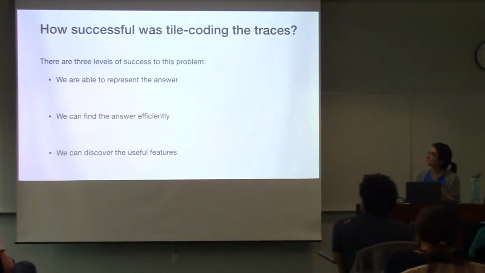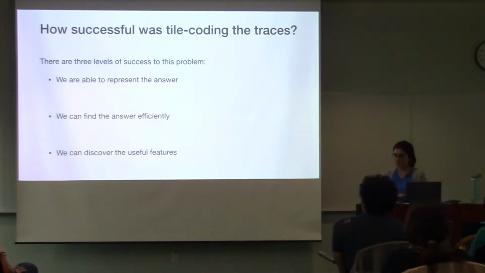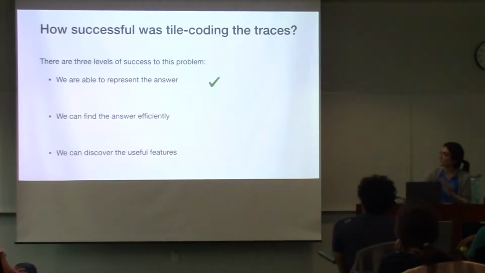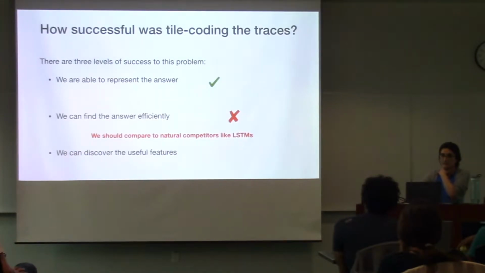There are 3 levels of success to this problem. The first is whether we were able to represent the answer, and it seems like we were. The second is whether we could find the answer efficiently, and we did not address that in this talk.